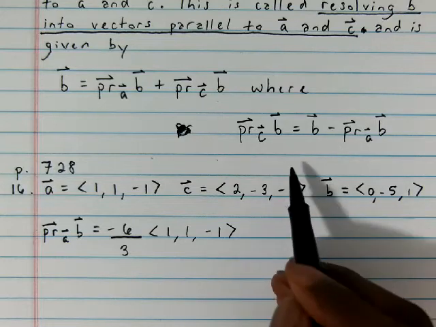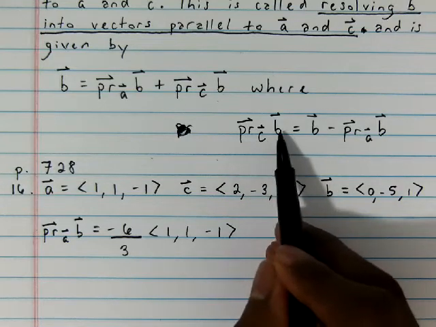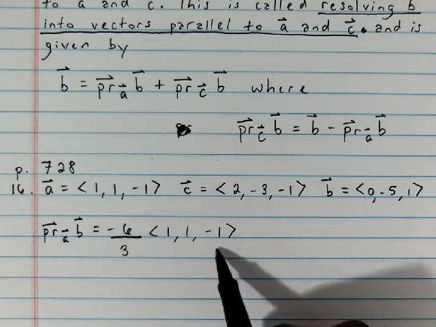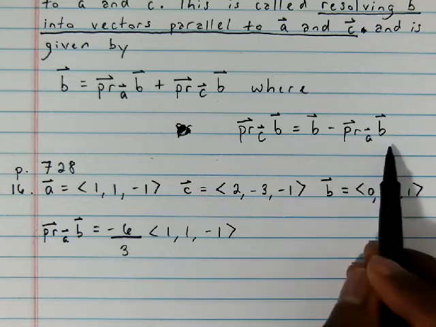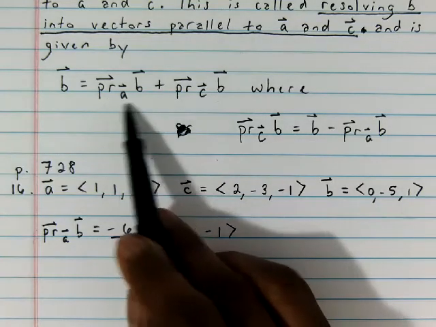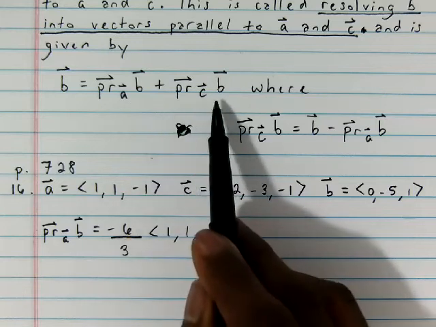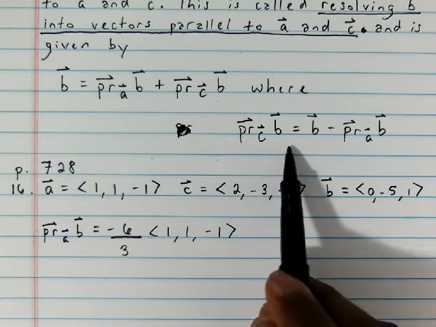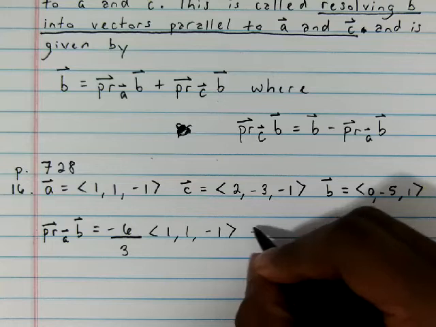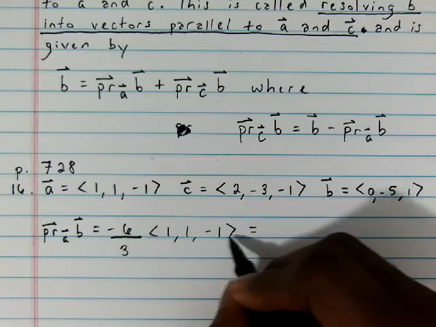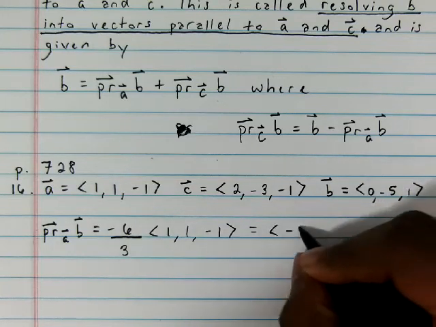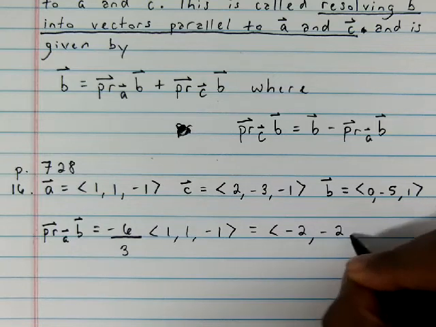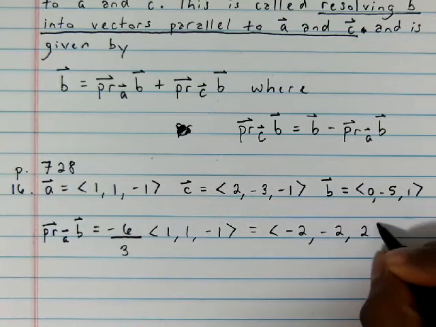But because now we need to find the projection of B onto C, I'm going to simplify this so we can plug it into this formula. So we already have this part. Now we need this part, and we're going to use this formula to find it. So let's just simplify this. This is negative 2 times this, which gives us negative 2, negative 2, and then positive 2.